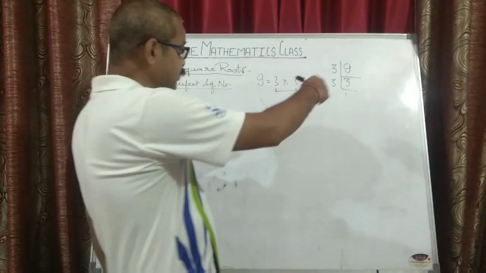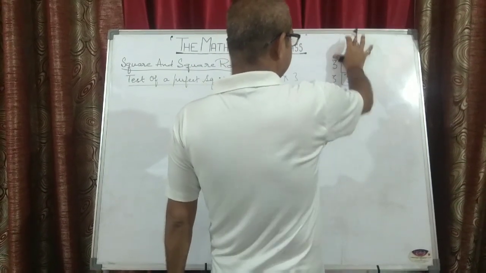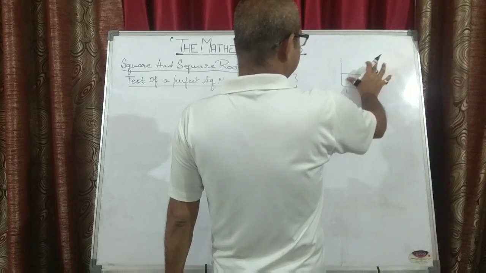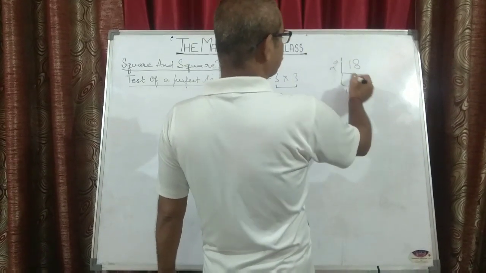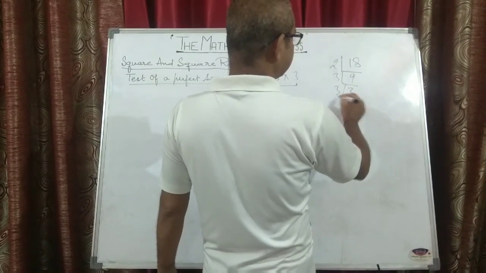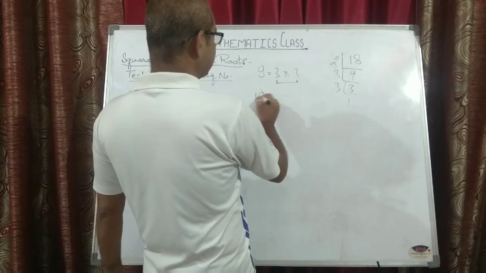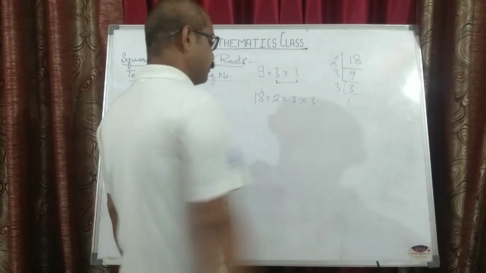Now suppose in place of this I write 18. Is 18 a perfect square? So this will be 2, 9, 3, 3, 3 and 1. So 18 can be written as 2 into 3 into 3.